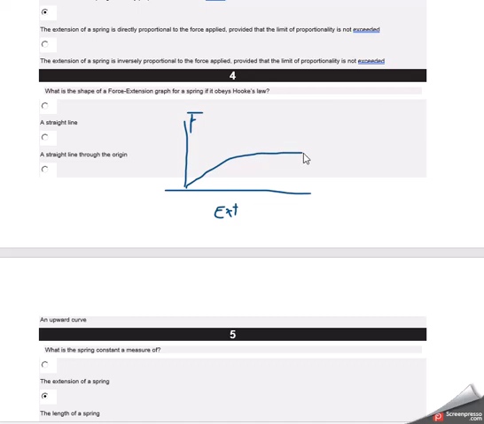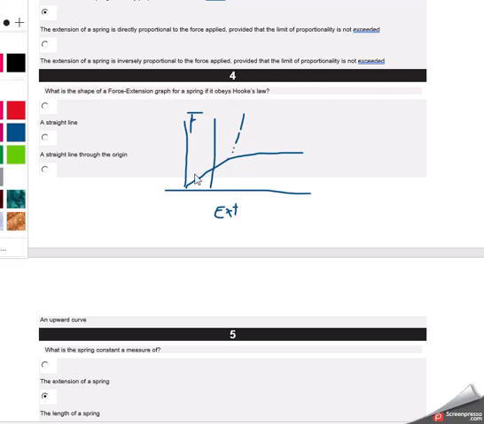It could be like a dough, and if you stretch, then of course there's no more force. Or if it's a piece of steel or something very hard, and you stretch it, you might go that way. So this section is a straight line, and that actually follows Hooke's law.